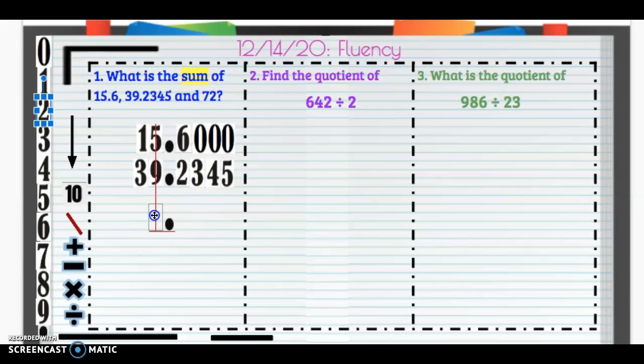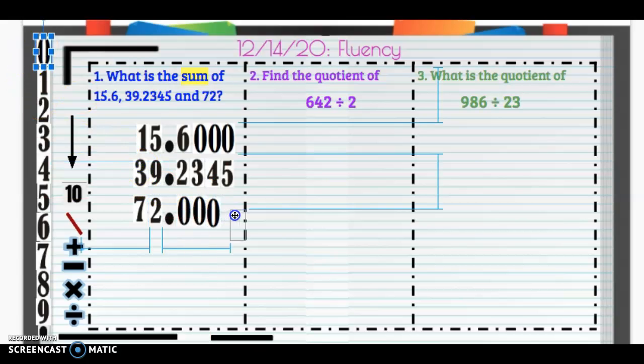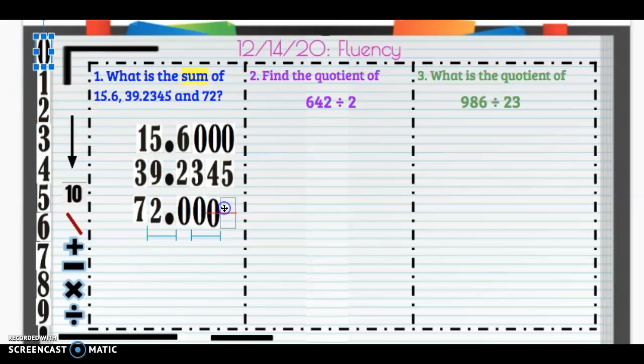So your 2 is technically in the ones place value, and the 7 is in the tens place value. And then to help yourself out, place zeros for the rest of the place values so you can stay in line when you begin to add up the numbers.